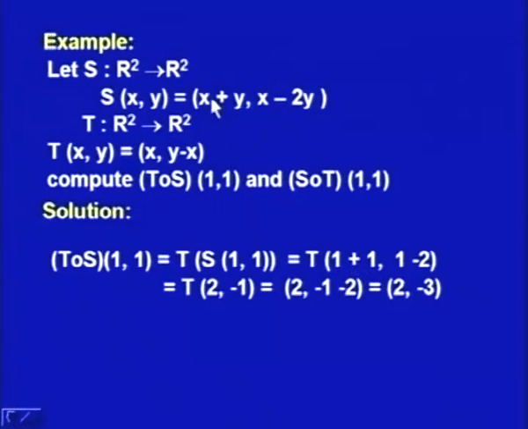See the definition, x plus y, here x and y are 1. So, it is 1 plus 1 comma x minus 2y, so it is 1 minus 2, and that makes T of 2 comma minus 1. So, this left hand side is equal to T of 2 comma minus 1.